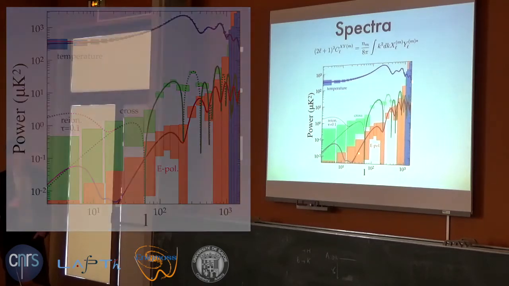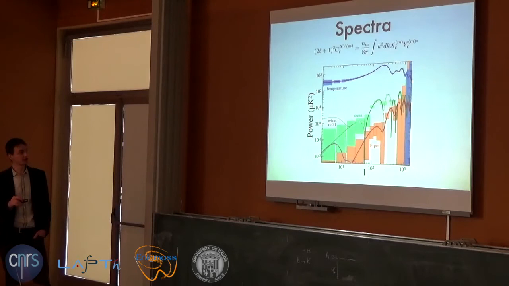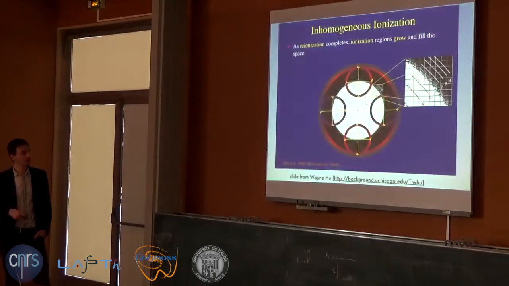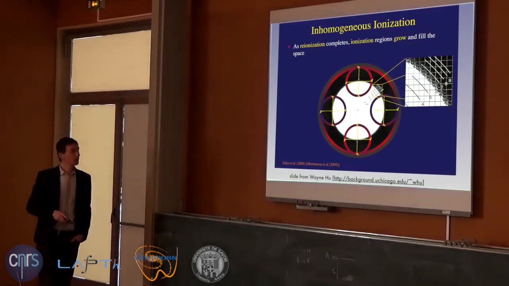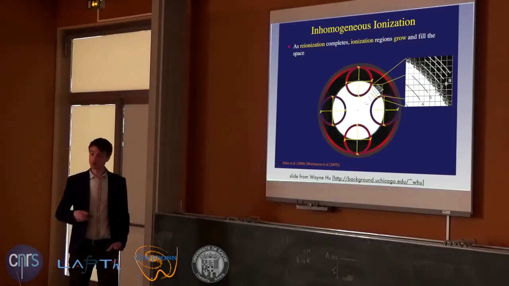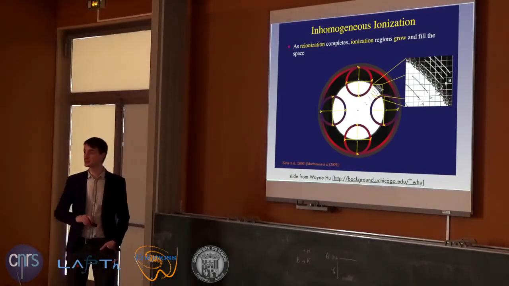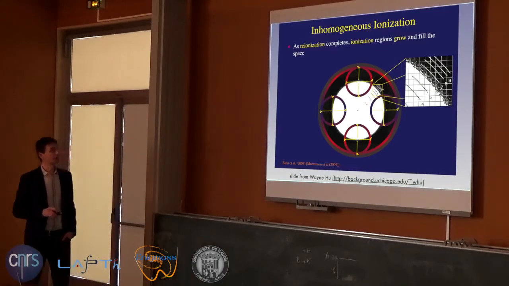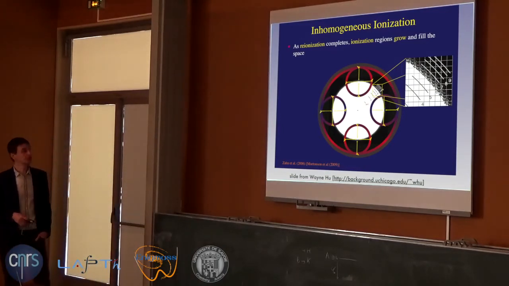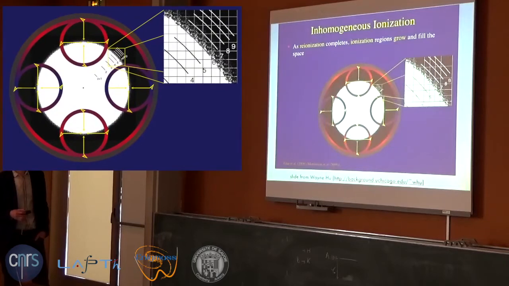And it will show up both in the E-polarization and in the TE cross-correlation. We've already seen this figure because it also describes how the temperature anisotropies themselves, just the scalar quantity, are affected by the reionization of the universe. But in fact, the same figure explains also very nicely why this introduces extra polarization on the cosmic microwave background.